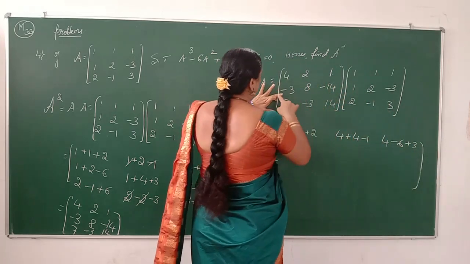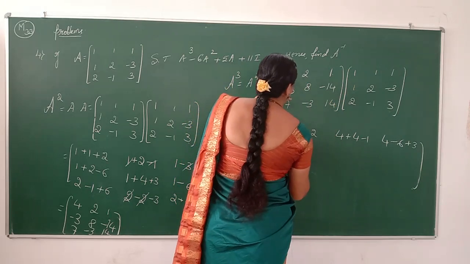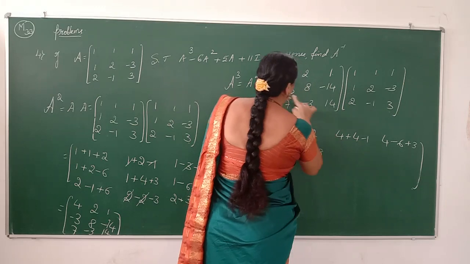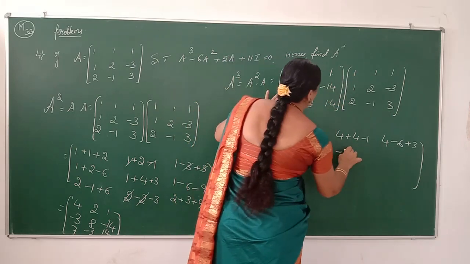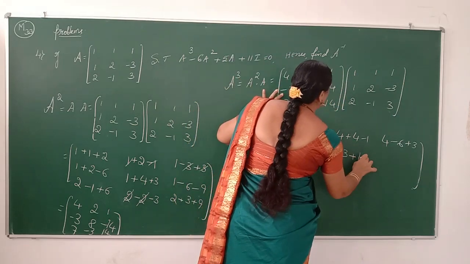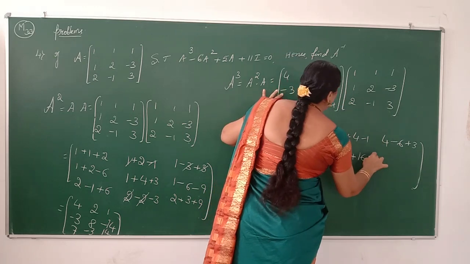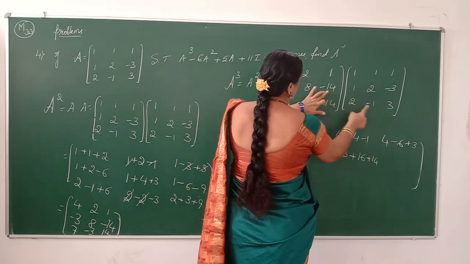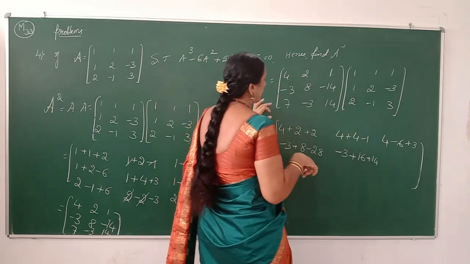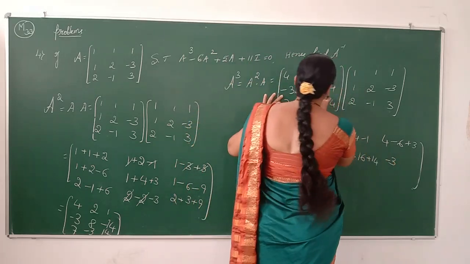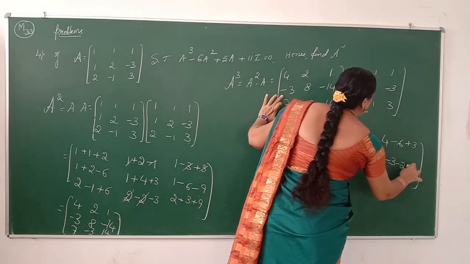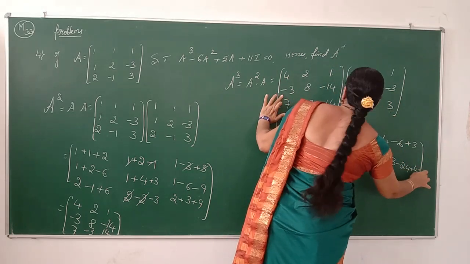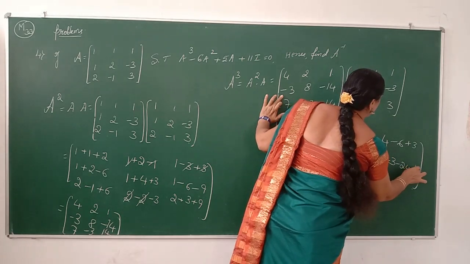Then second row first column, minus 3 plus 8 minus 28. Second row second column, minus 3 plus 16 plus 14. For the second row third column, minus 3 minus 24 minus 42.